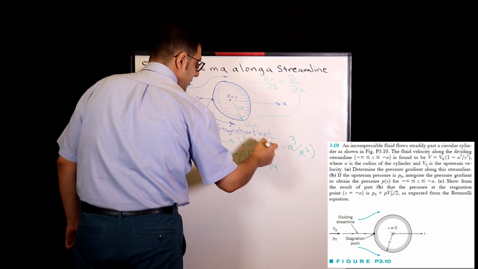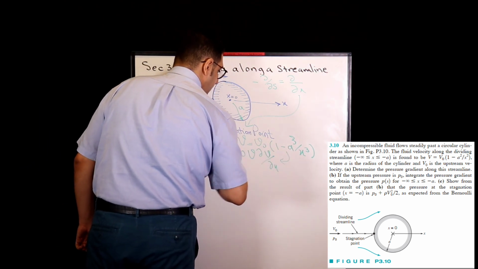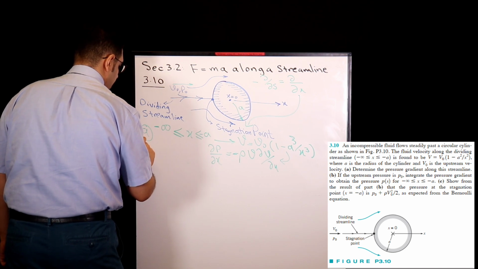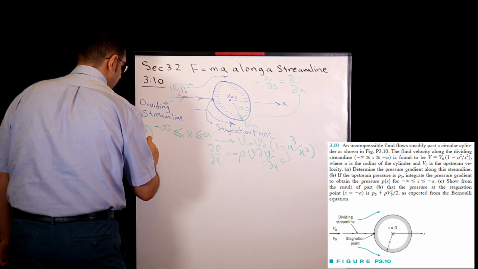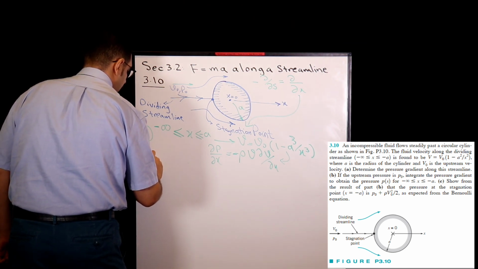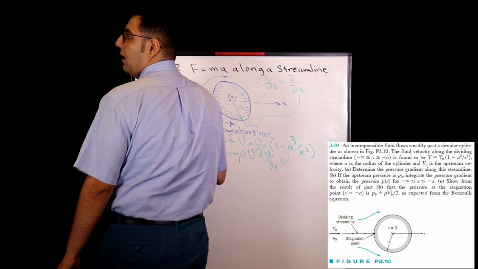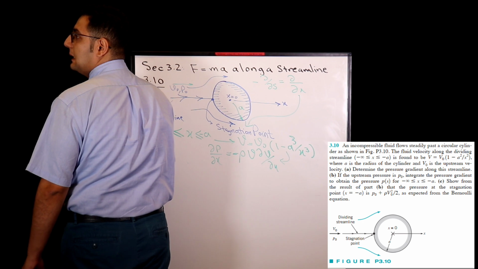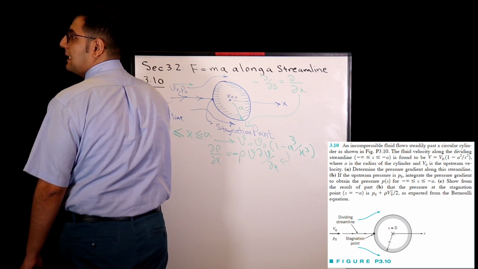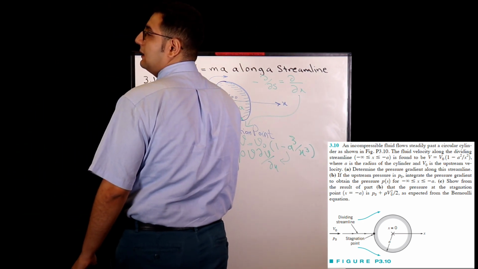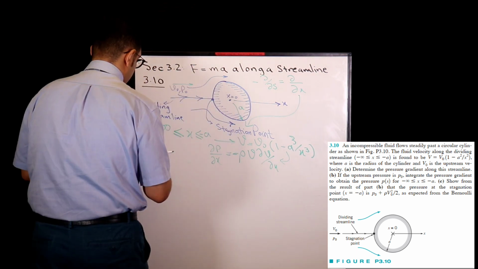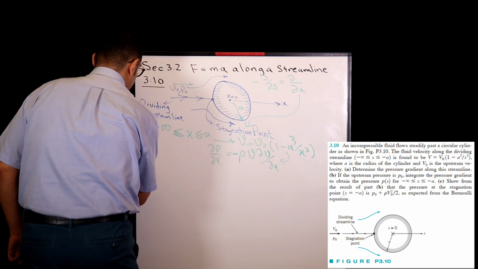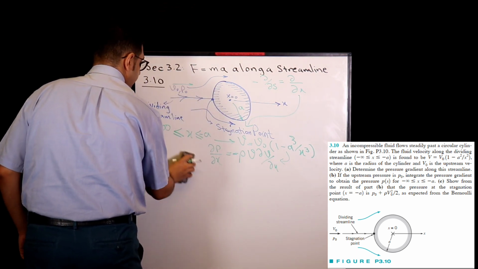If we substitute the V function in this, we're going to have the pressure gradient ∂p/∂x equal to... let me just write the whole equation.